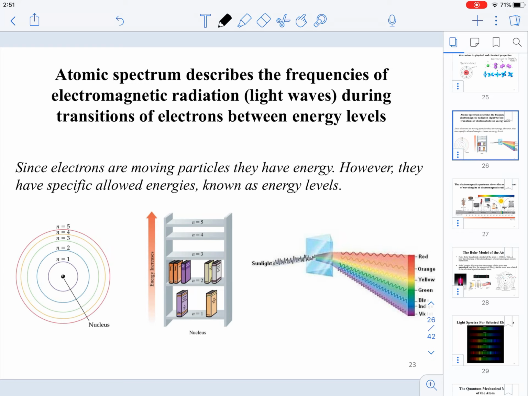In the Bohr model, which we'll discuss in more detail in the next slide, he represented this energy where the electrons live as rings, as we can see in the first image. So we have n equals 1, n equals 2, n equals 3. The energy levels increase as we move outside of the nucleus.